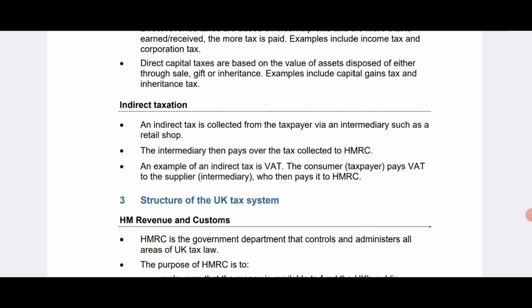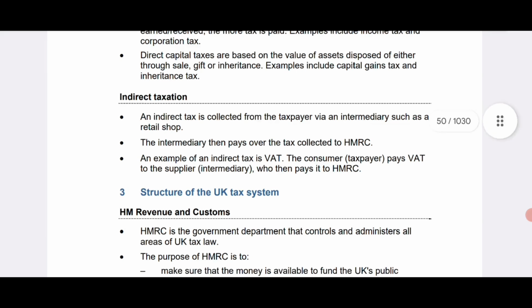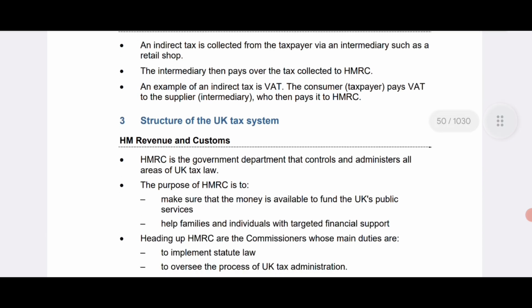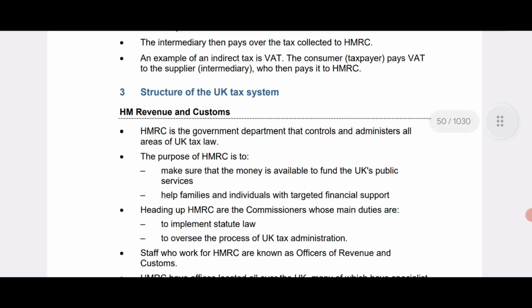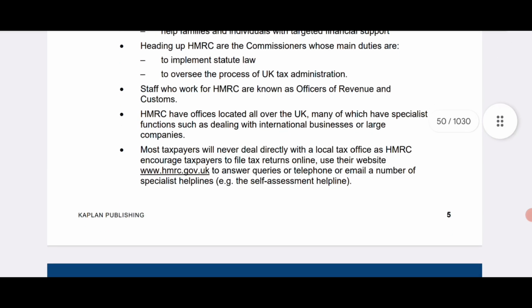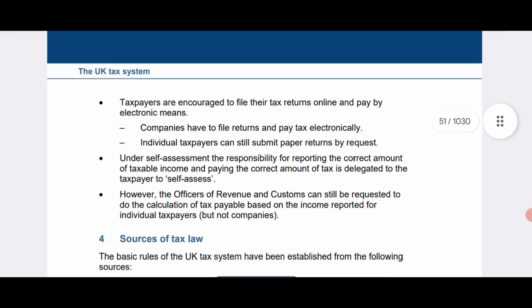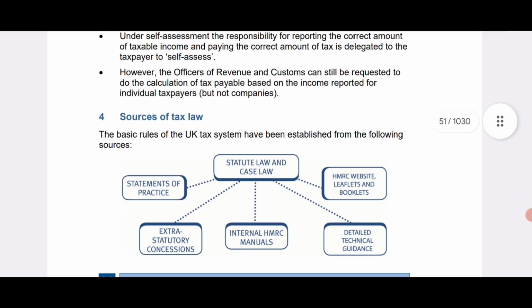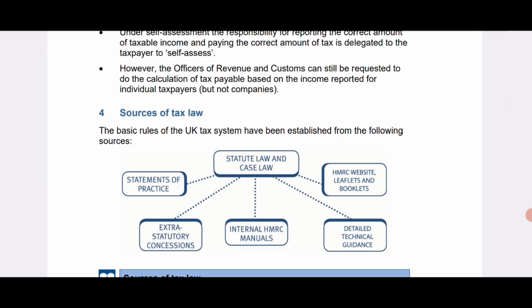When you buy Coke, coffee, cold drinks, anything, you pay indirect taxation like VAT or other sorts of taxation. HM Revenue and Customs is also a government department. So this is all the definition about HMRC. This is a readable part, so students should follow and understand what HMRC is.